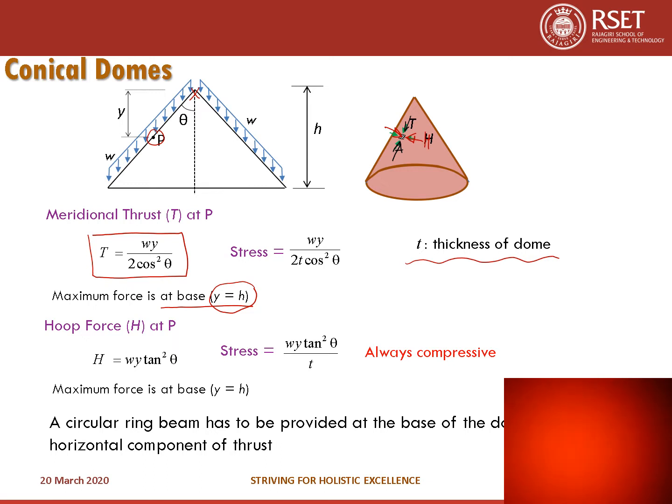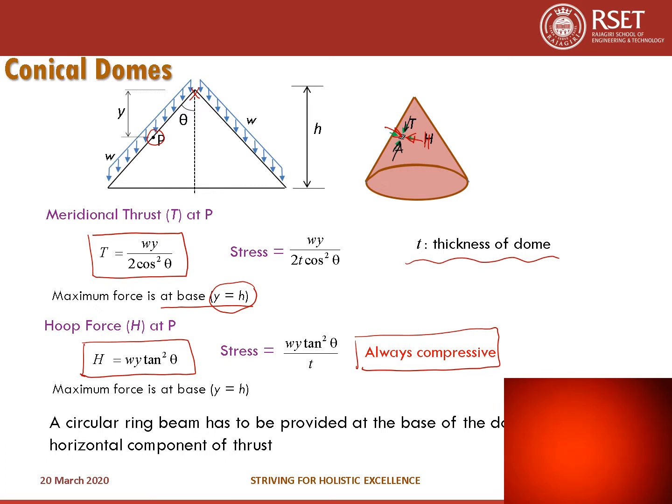And now let's come to the hoop force expression. The hoop force H is given by Wy tan square theta. Always it has a plus sign, so always the hoop stress is compressive for a cone. For calculating the hoop compressive stress, you just need to divide by the thickness of the dome: Wy tan square theta by t.